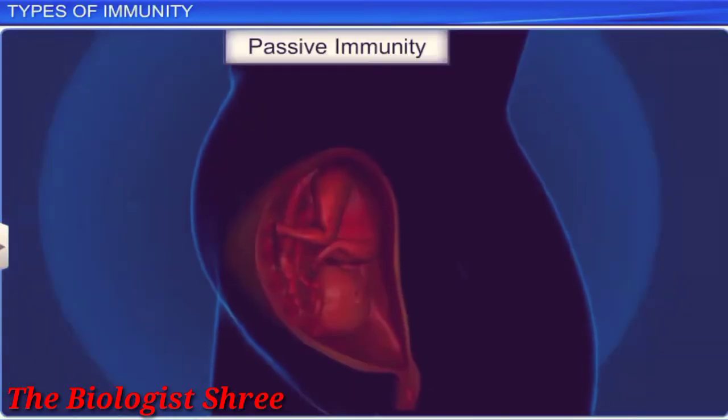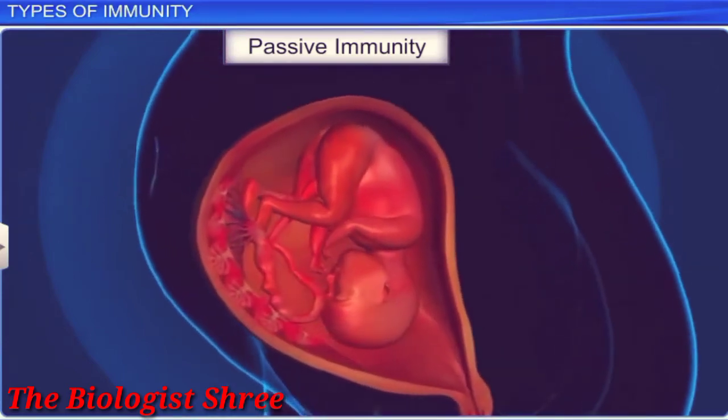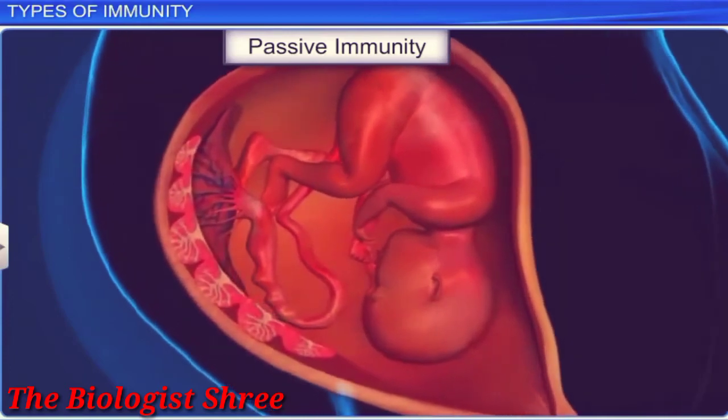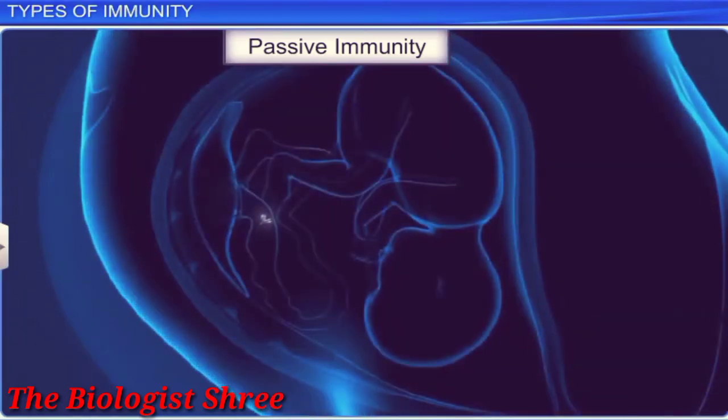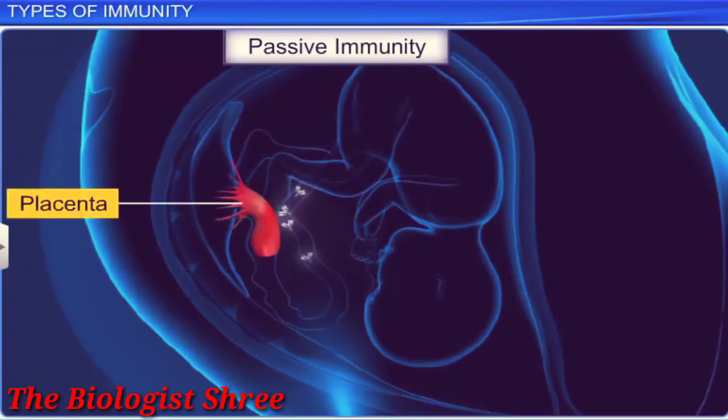On the other hand, passive immunity comes into play when ready-made antibodies are delivered directly into the body from external sources to protect it against foreign agents. The antibody that a fetus receives from its mother through the placenta during pregnancy is an example of passive immunity.